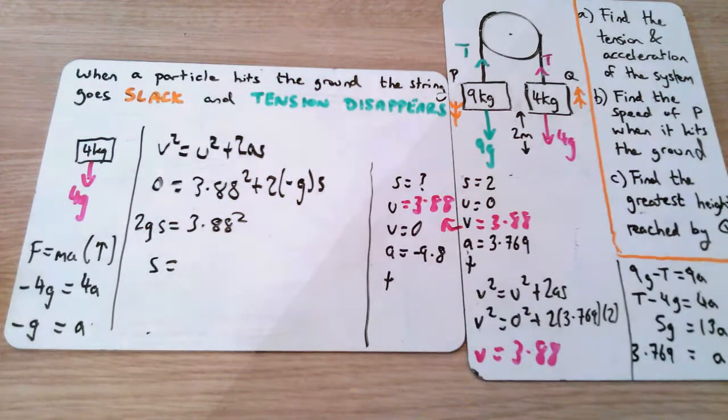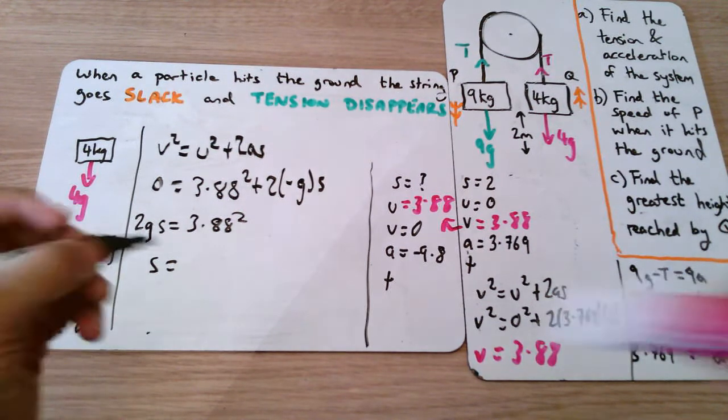So S is equal to our velocity squared divided by 2g, which is equal to 0.769 meters.